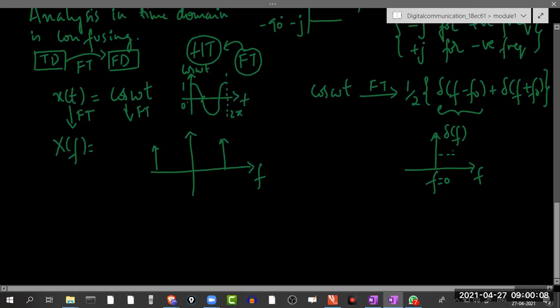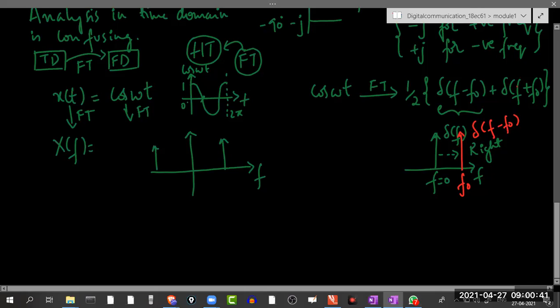So it can be thought of as a right shifted, right side translated impulse function at some other frequency f naught, something like this. This one, which I'm trying to represent in red color, is the same impulse function, but the only thing is it's right shifted.